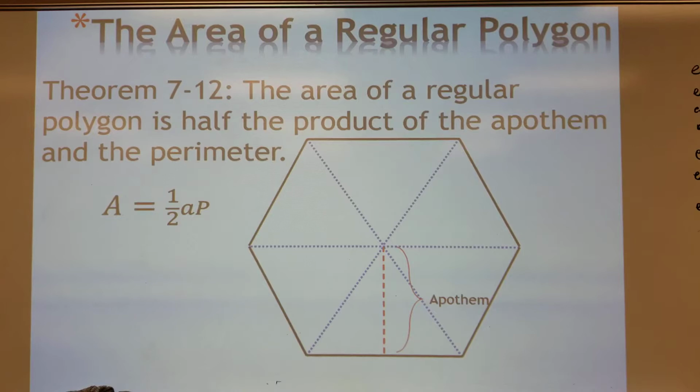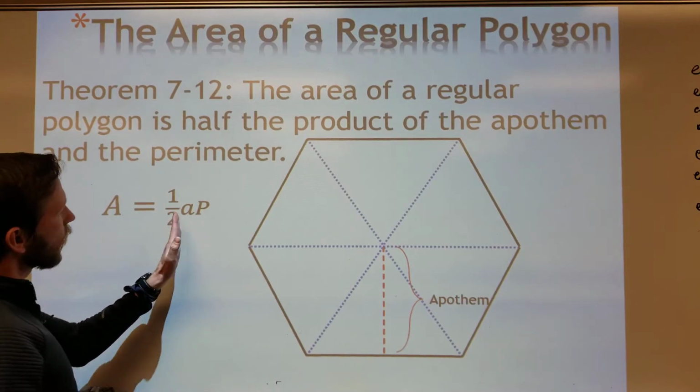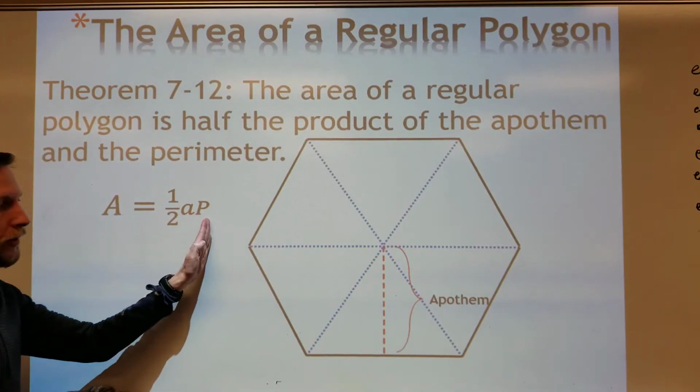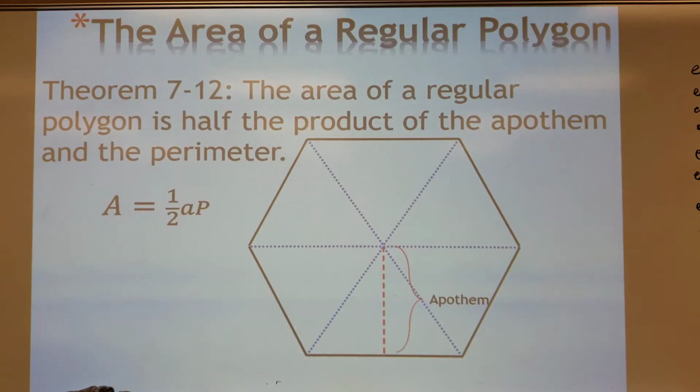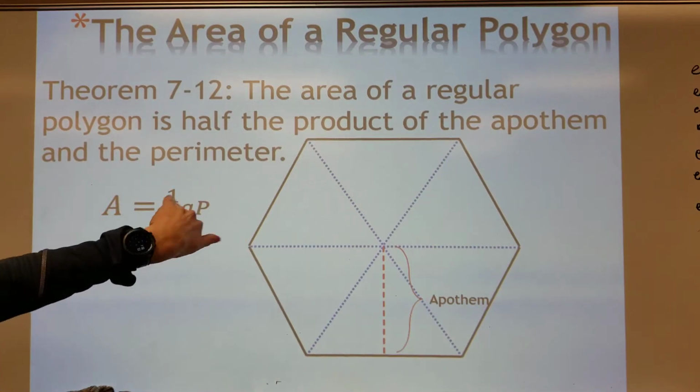The area of a regular polygon is found by taking half the product of the apothem and the perimeter. When we multiply those together, we are going to get the total area of this total figure.